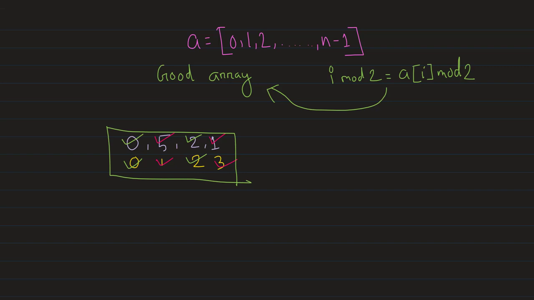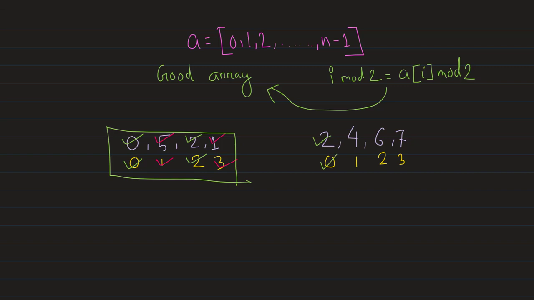Therefore, we can call this array a good array, right? Let's take another example. 2, 4, 6, 7. Let's mark the indices 0, 1, 2, 3. Now the first element is even, and the index is even.